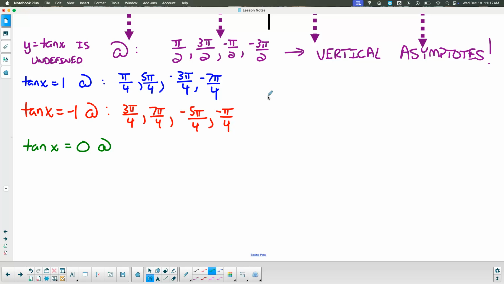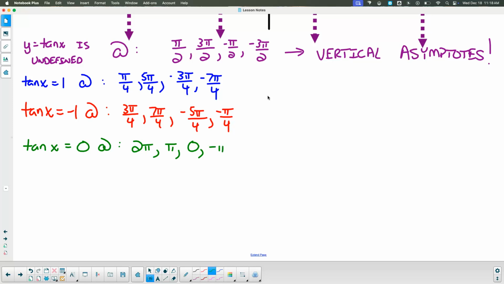So where would tangent be 0? What do you got? 2 pi. Where else? Pi. Where else? 0. Where else? Reverse, reverse.